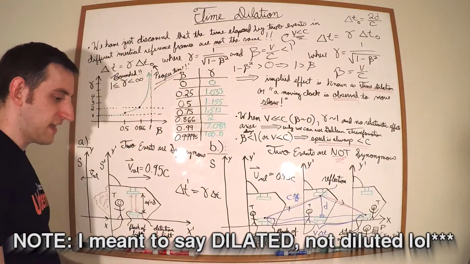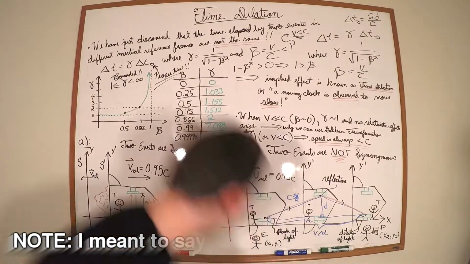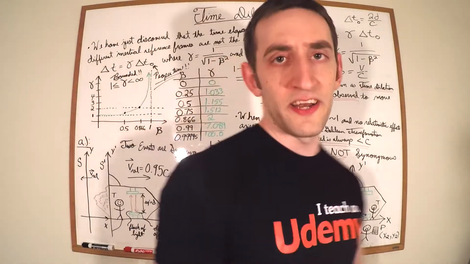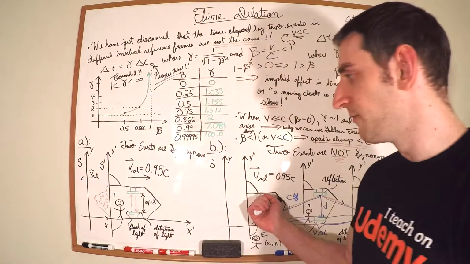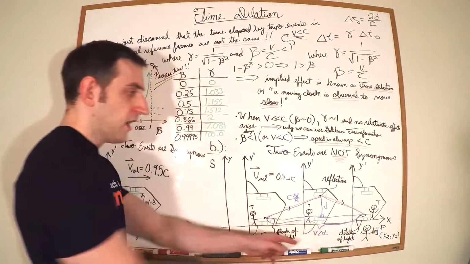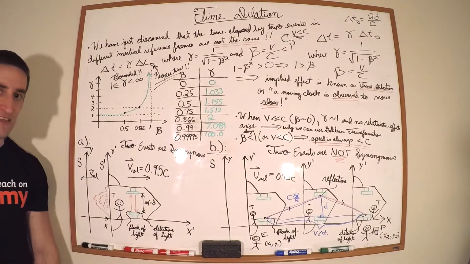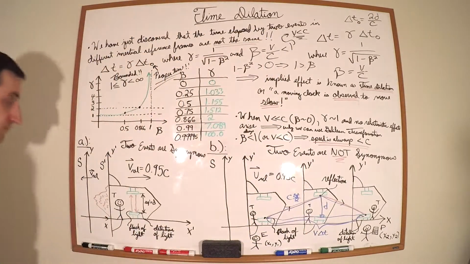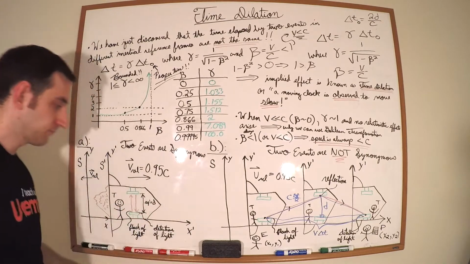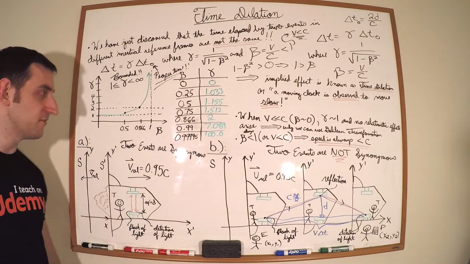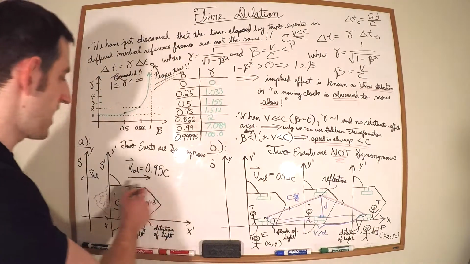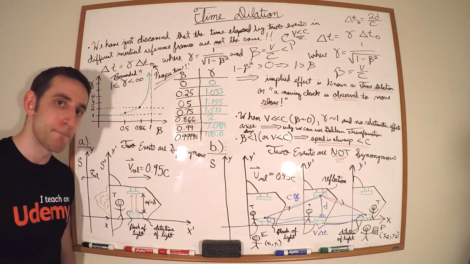So we see here that there's an inherent contradiction. According to Terence, these guys are moving, but according to Philip, these guys are moving. Who's right? In the original case, when Terence is moving, Philip is going to say, your clock is running slow.